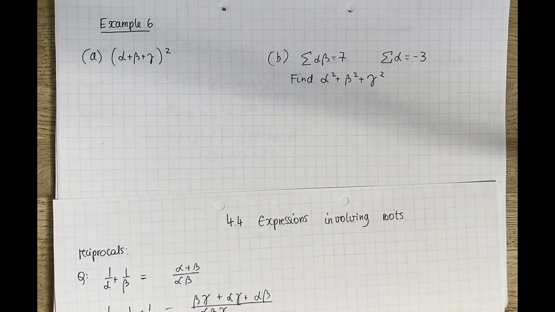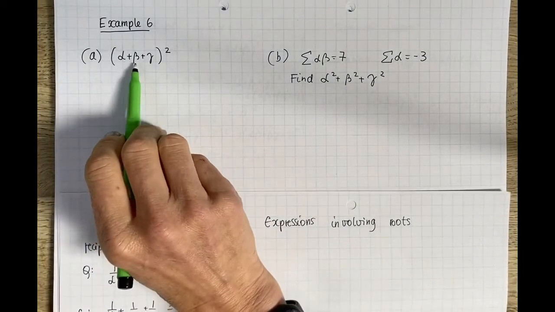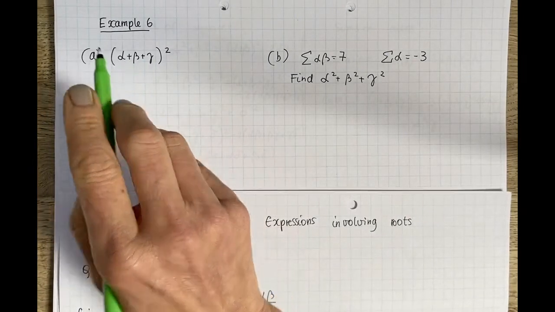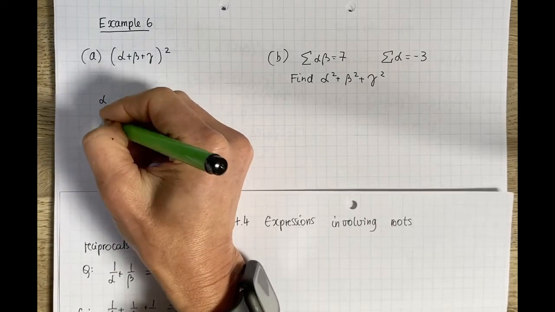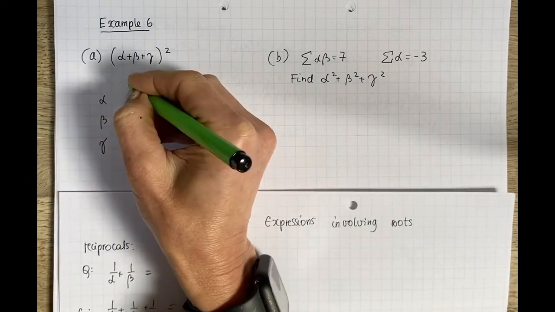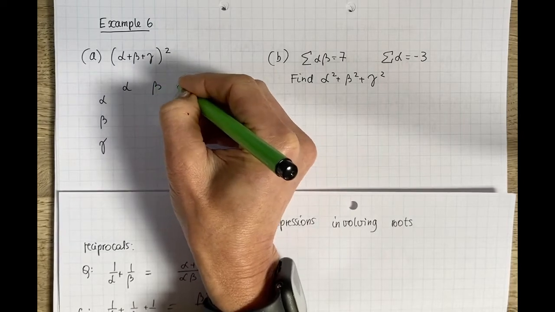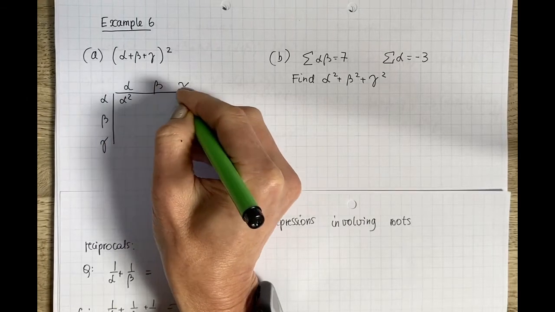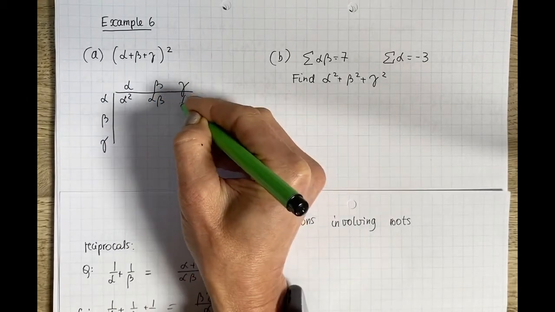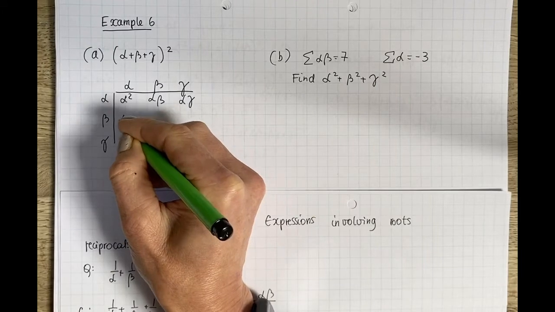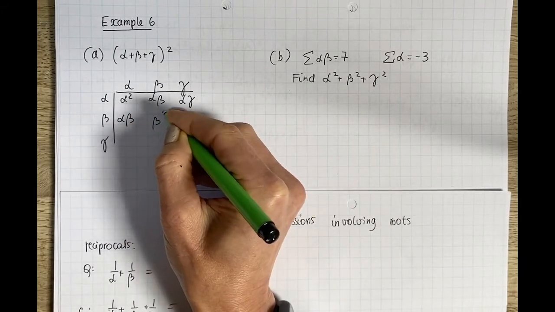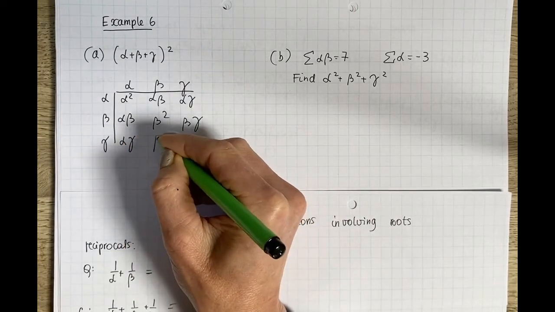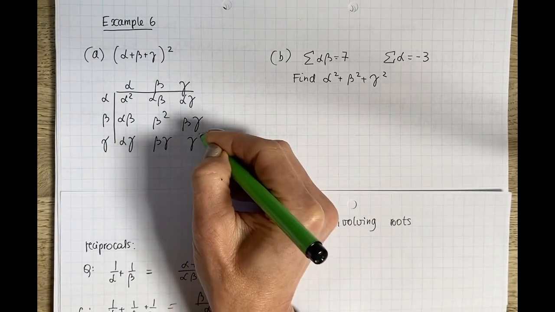So example 6, you've got alpha plus beta plus gamma squared. We've just been asked to expand this, so I don't really mind how you do that. You could just do a grid method. Let's do that. So you have alpha squared, alpha beta, alpha gamma, alpha beta, beta squared, beta gamma, alpha gamma, beta gamma, and then gamma squared.